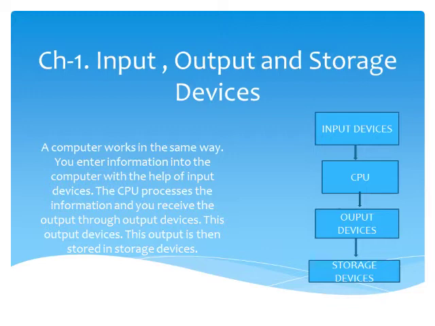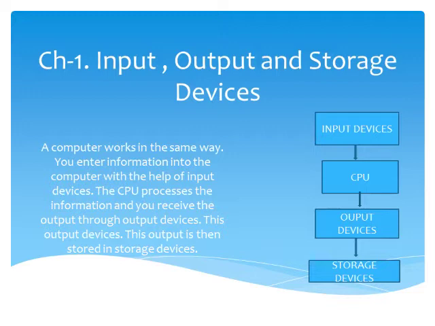So, first chapter is input, output, and storage devices. In this chapter, we are going to discuss what input, output and storage devices are, how they work and what their features are. A computer works in the same way.